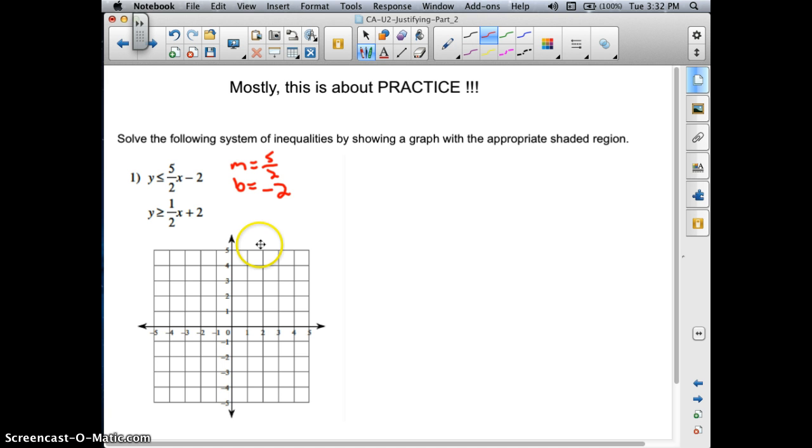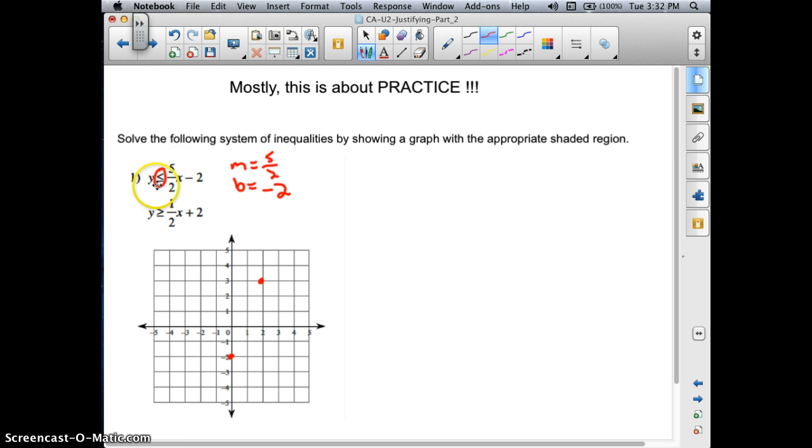And so if we start at the y-intercept of -2, and we go rise over run, up 5, right 2, we're here. And now before we draw that line in, we need to look at the inequality symbol. Do we want to make this a dashed or a solid line?